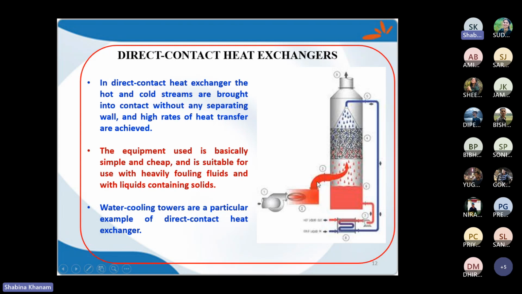If hot gases are used over here, these hot gases will enter from the bottom, because of the usual movement of gases, they move upward, and for heat exchange we consider a colder liquid.